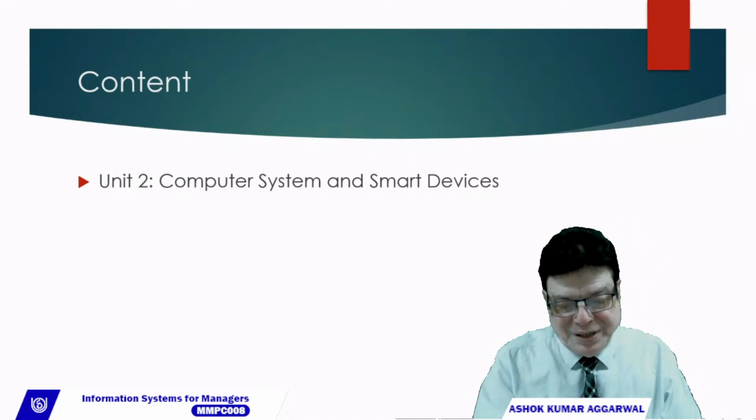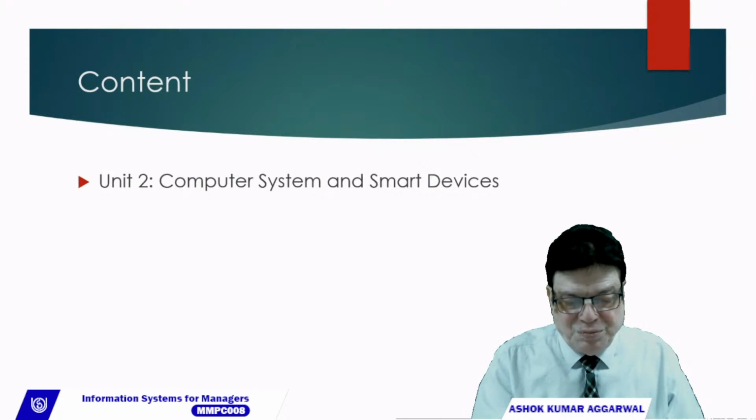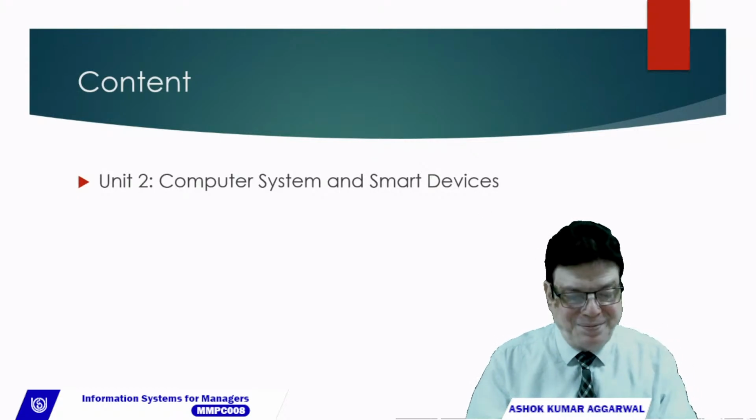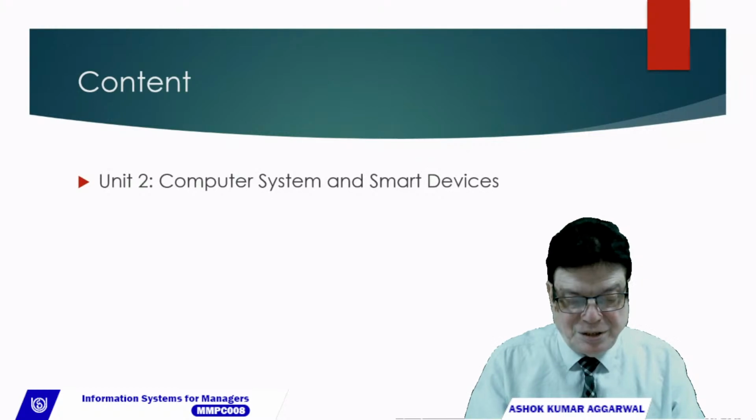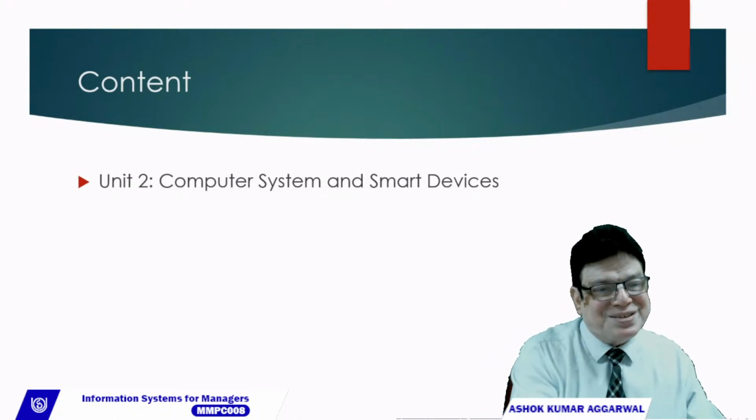Then we studied transaction processing systems. A transaction processing system is used primarily for record keeping, which is required in any organization to conduct the business.